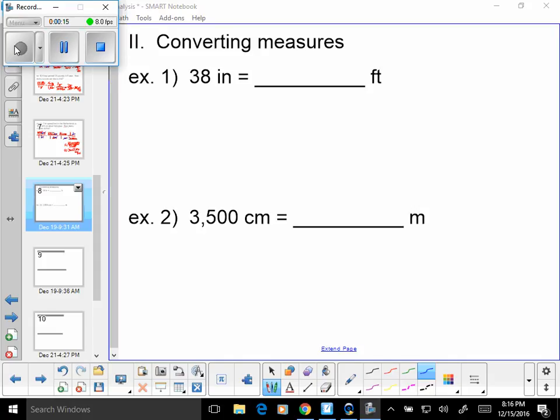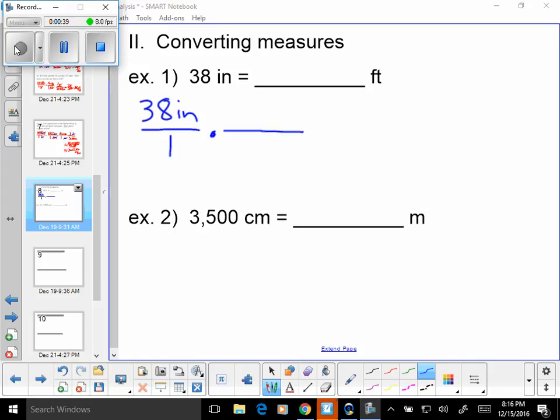Now you'll notice that we really aren't given a rate here. So what we do is we put the 38 inches just over 1 to remind us that it is in a numerator type position. Now I want feet. That means feet has to be in a numerator position.